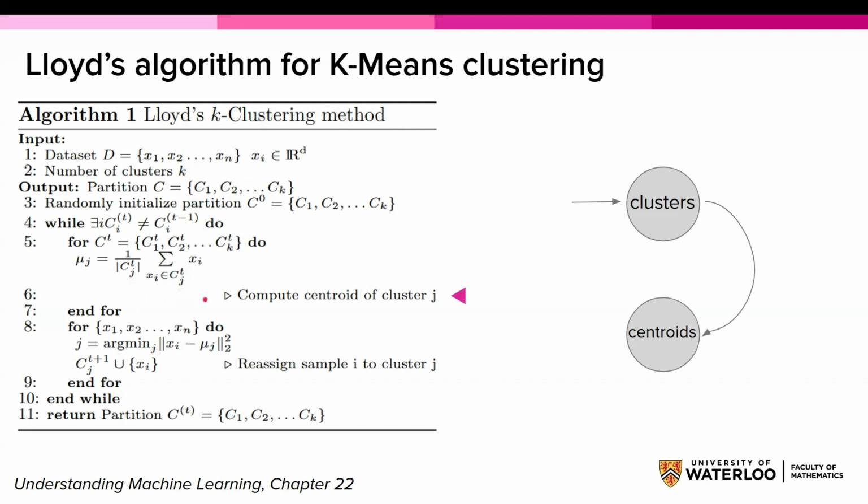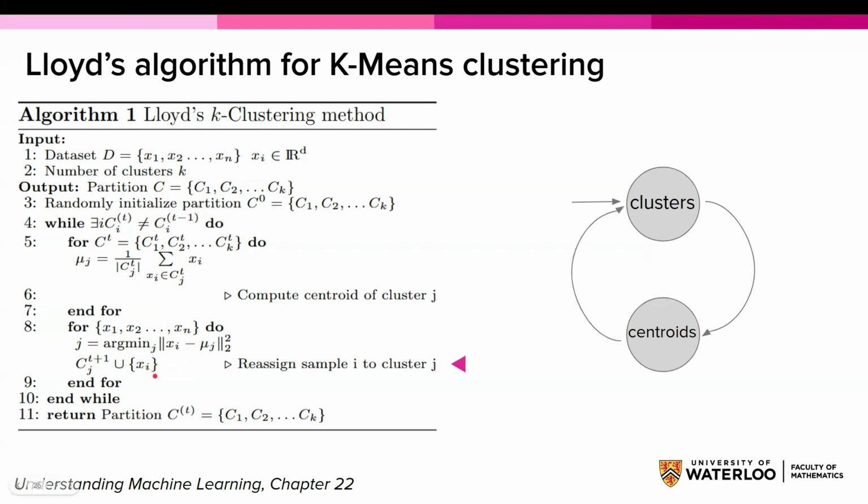And then once the centroids are updated, the points get reassigned to the cluster whose centroid is closest to it in terms of Euclidean distance. So essentially, for each point xi, we find the nearest centroid and move the point to that cluster.